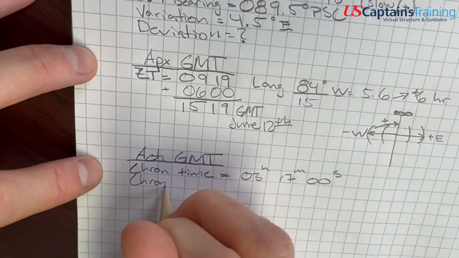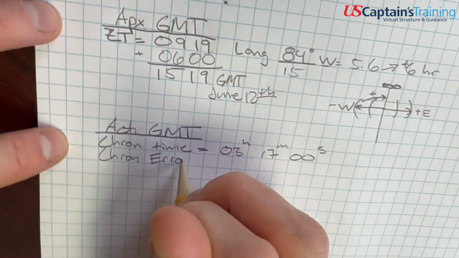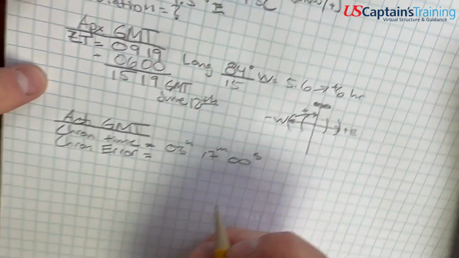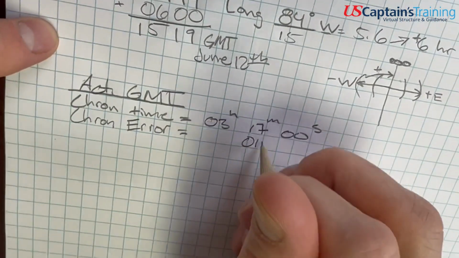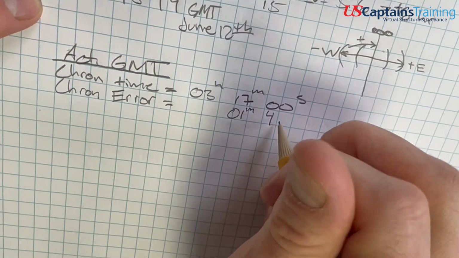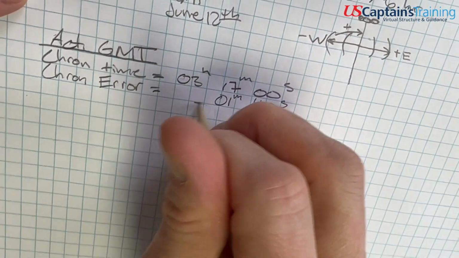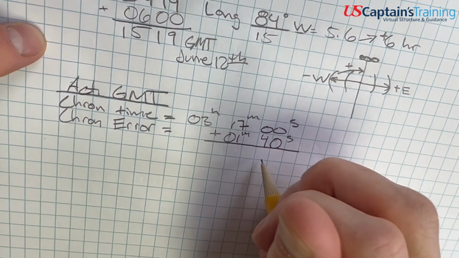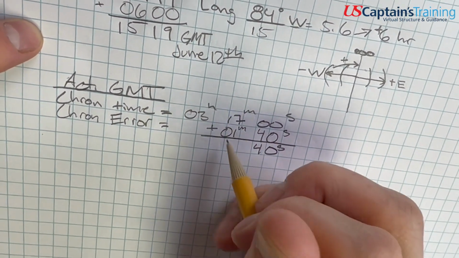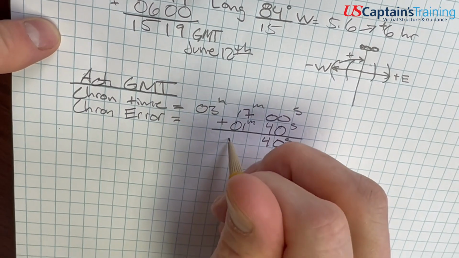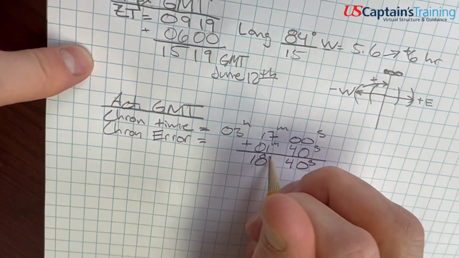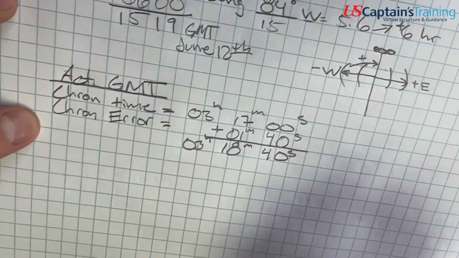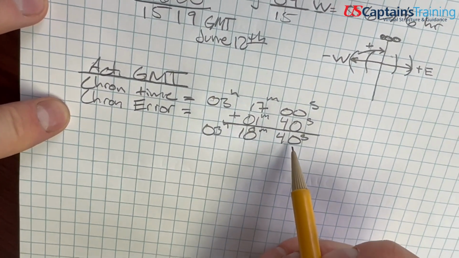Then we need to account for the chron error, which is equal to 1 minute 40 seconds slow. And it's slow, so we need to add it because we need to catch up. So 40 seconds, that's 18 minutes, 3 hours still. So 3 hours, 18 minutes, 40 seconds.